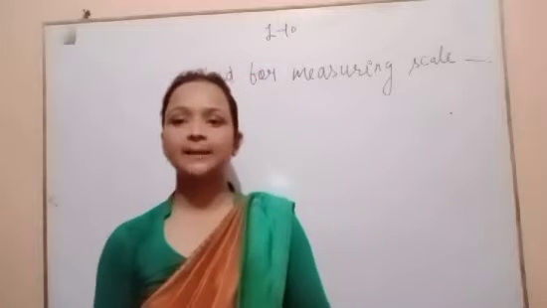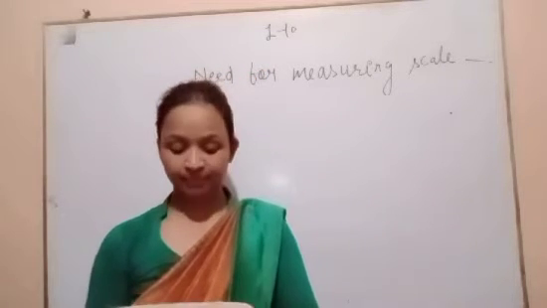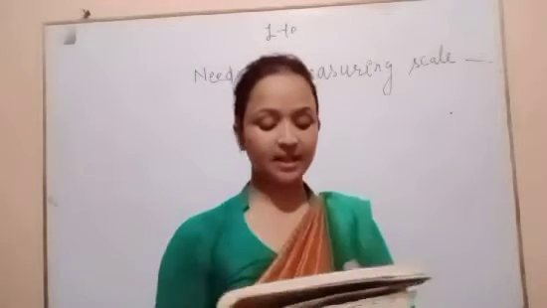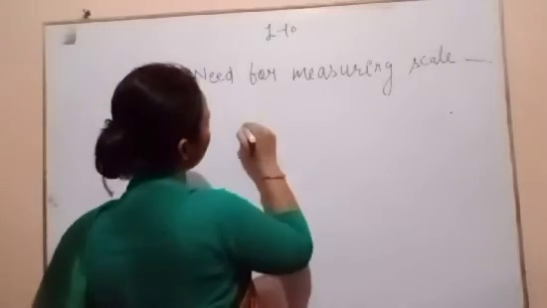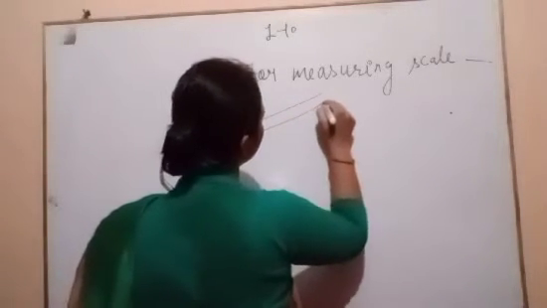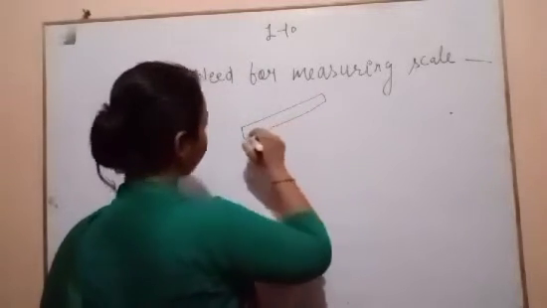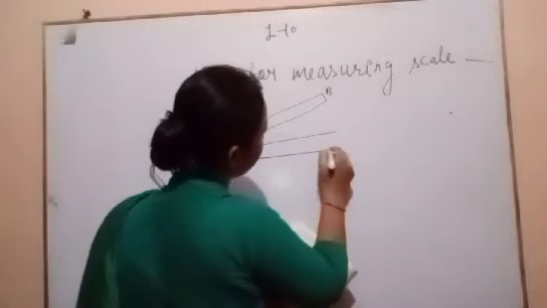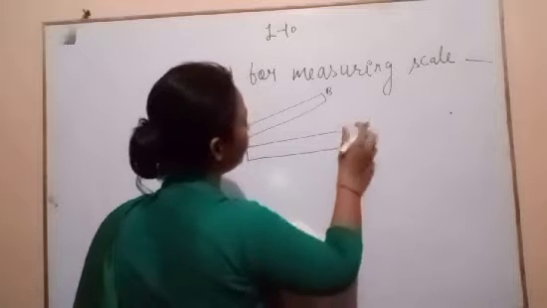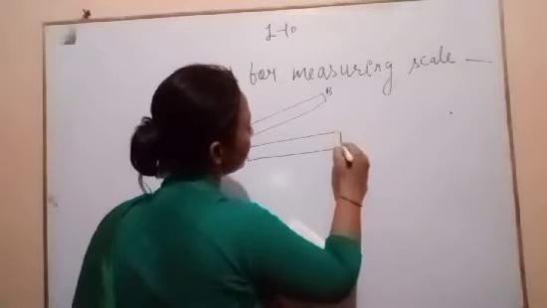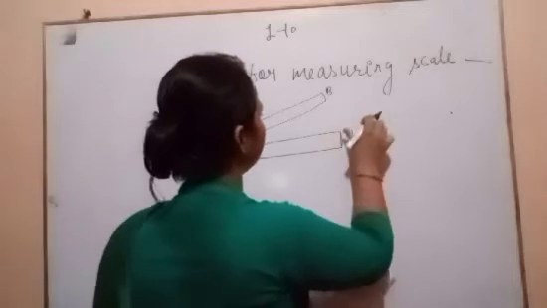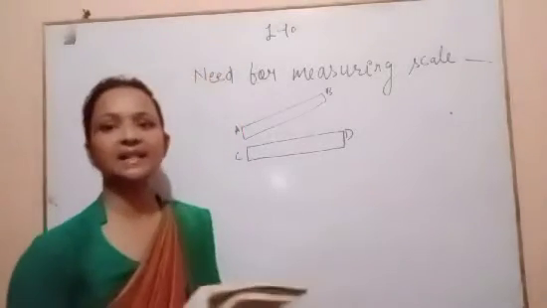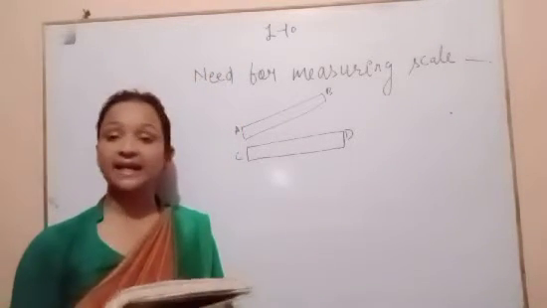So first, Figure 10.4 shows two rods, AB and CD, which are almost equal in length. You can see that AB and CD are equal in length.